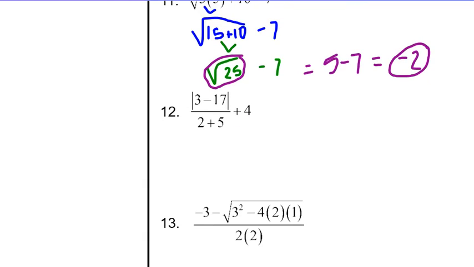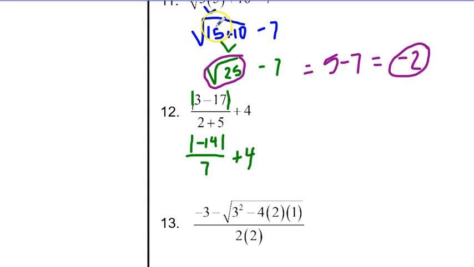Number 12, we have absolute value of 3 minus 17 over 2 plus 5 plus 4. So we're going to do what's inside these absolute value bars first. 3 minus 17, it's going to be negative 14. Over, we can do 2 plus 5, which is 7, and then add the plus 4 over here.